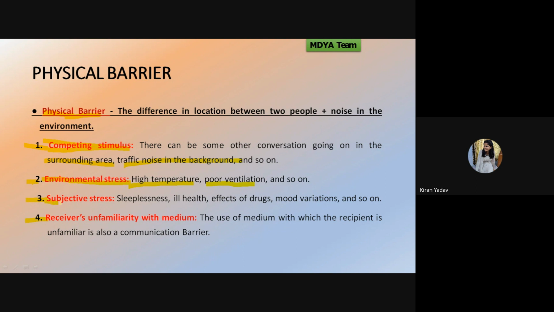And subjective stress like sleeplessness. When you do not have enough sleep, then throughout the day you will feel low energy levels and your mood will not be good, emotional state will not be good. Then this will also be a barrier in communication.